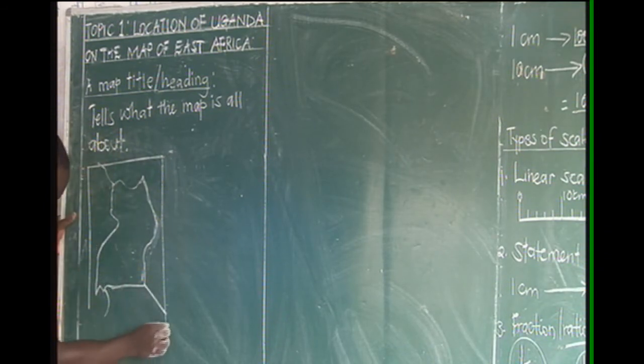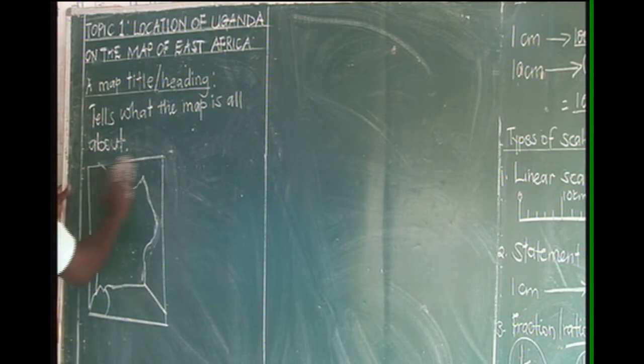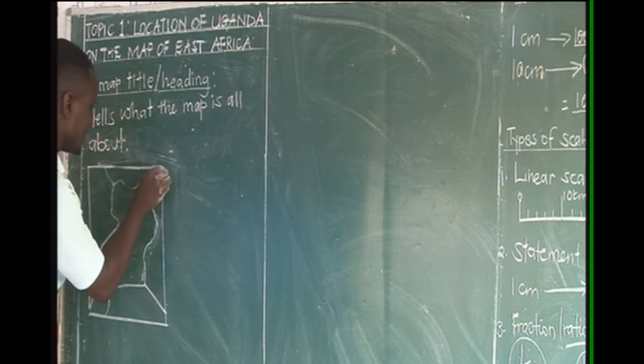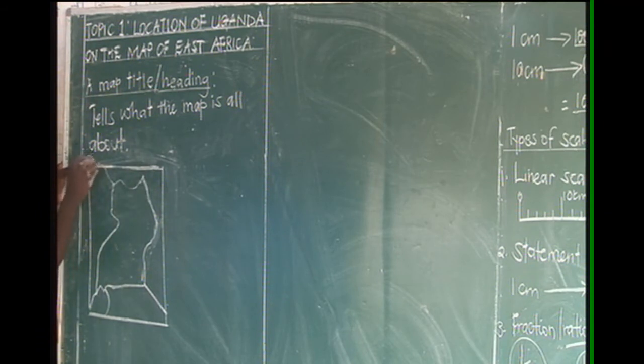If, for example, a diagram is sketched like that, someone cannot understand what this map is all about. So the person has to first read what is written, and the title is always written here on top of the map.